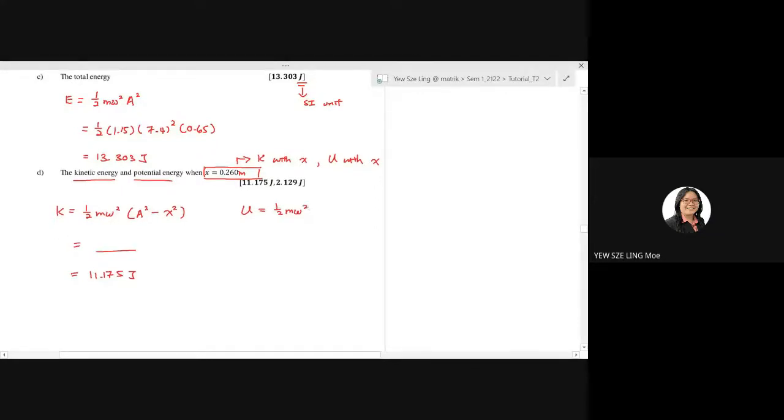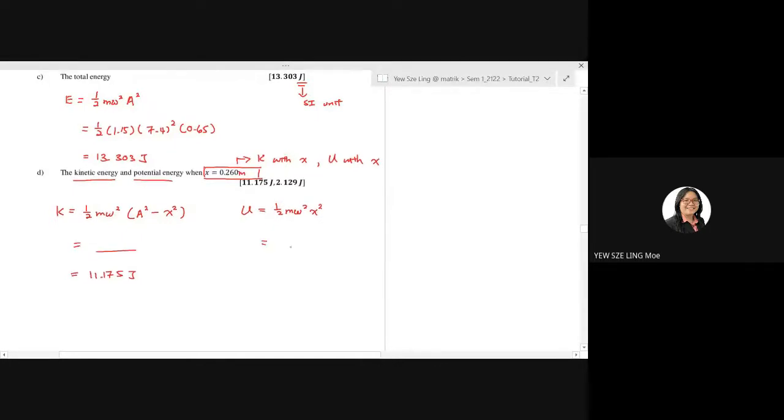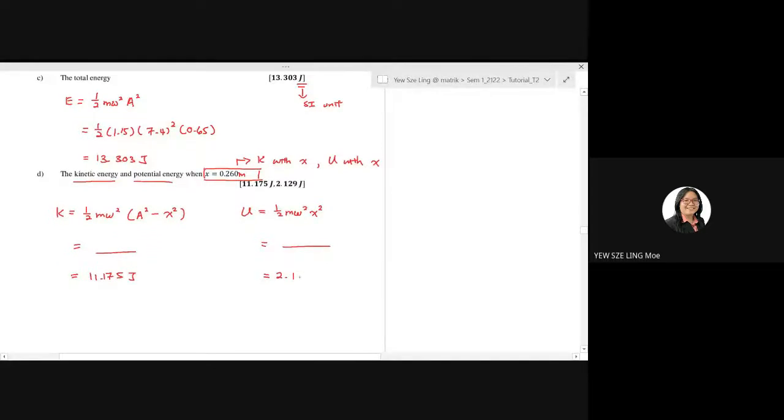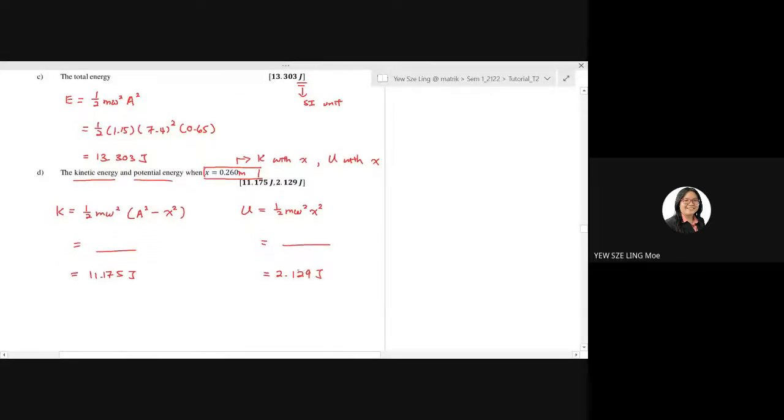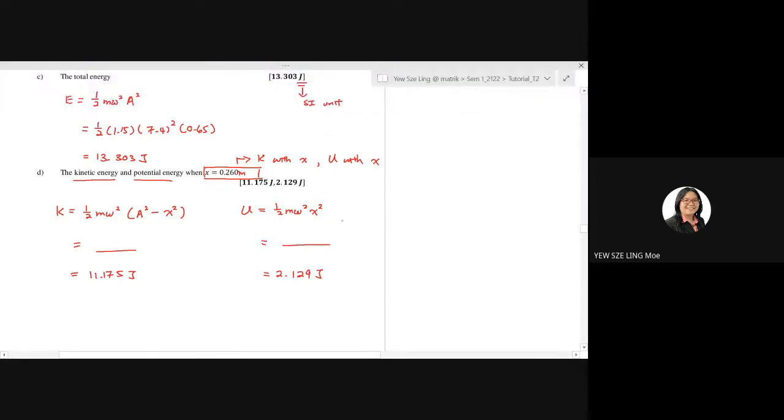Whereas U is equal to 1 over 2 m omega squared x squared. Again, you plug in the value, eventually you will obtain 2.129 joule. Now, for this question, there's an alternative method that can be used to calculate U or calculate K. We know E is equal to K plus U and it is equal to a constant.